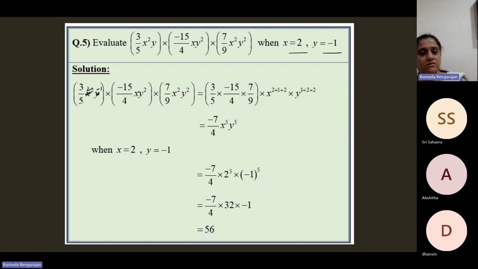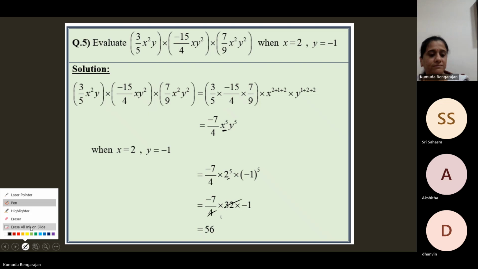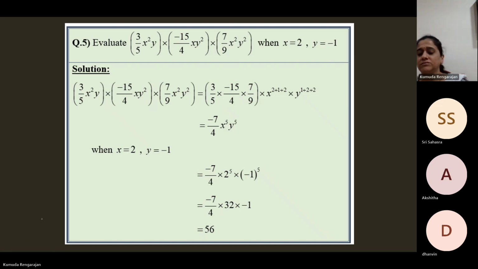You need to first multiply, and then when x is 2 and y is minus 1, what is the value of the expression? So you can see minus 7 by 4 into what is x? 2. So 2 to the power 5 into what's y? Minus 1. Minus 1 to the power 5. Then evaluate. Again, you could cancel. Minus into minus, plus.